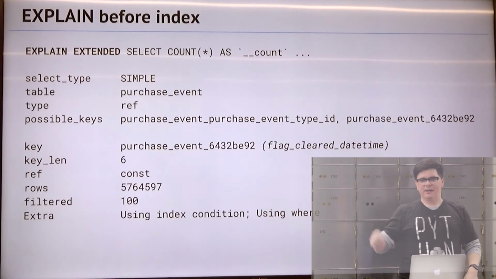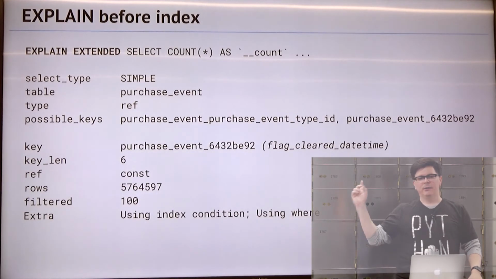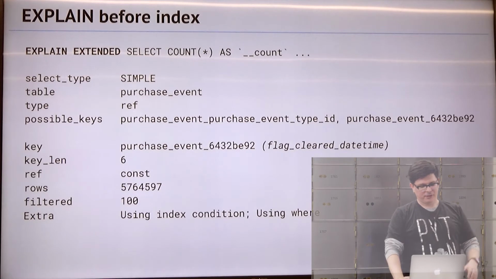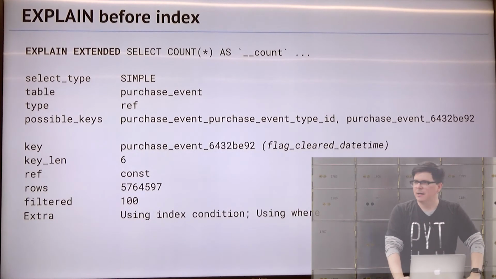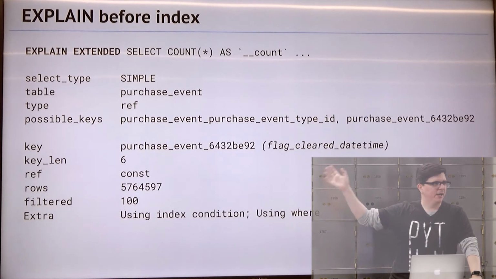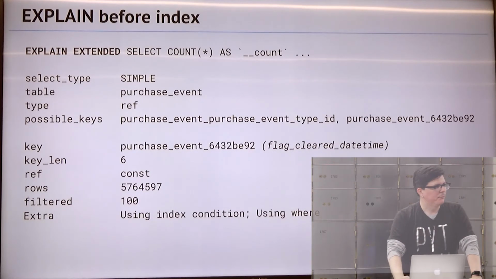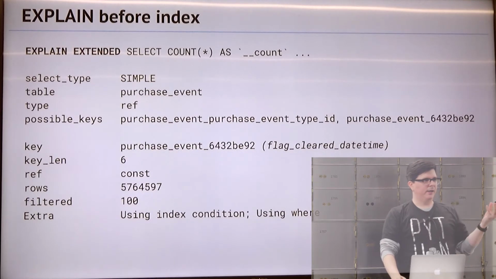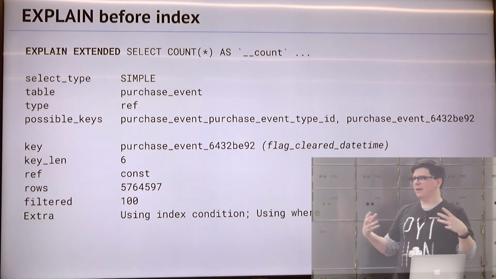But after you add indexes in the code, don't forget you've got to have Django generate the migrations and also run them on your database before those indexes show up. So again, this is what we did. We ran explain on our old query before the indexes were added. And there's 2 possible keys here. One is on the purchase event type ID.